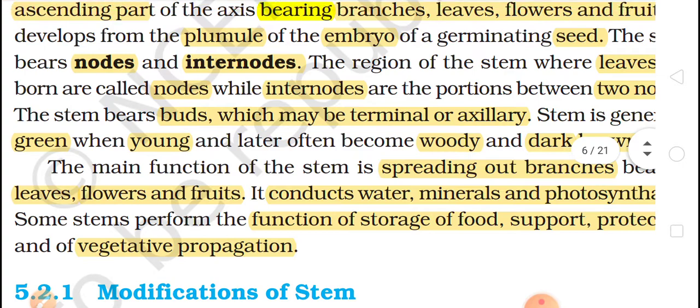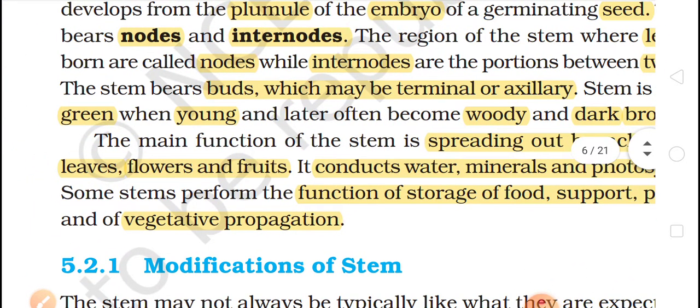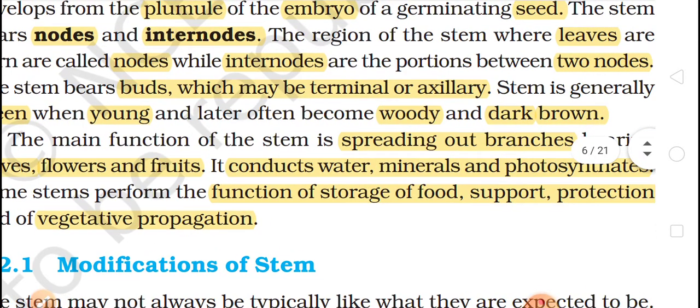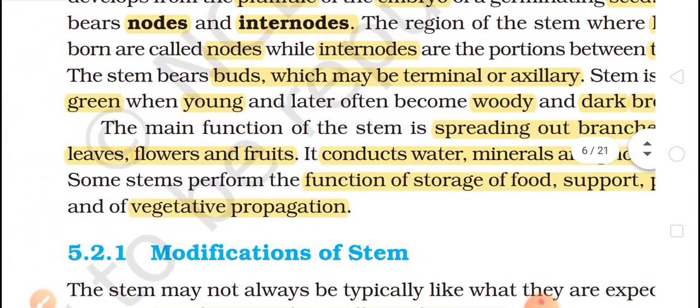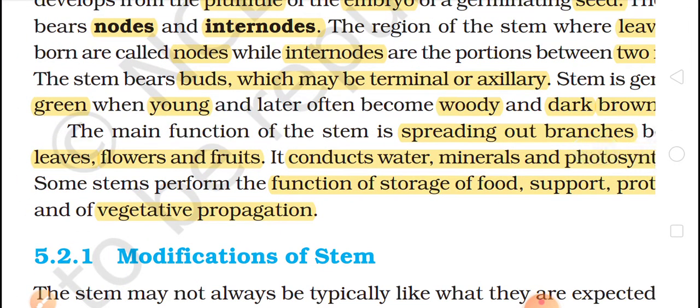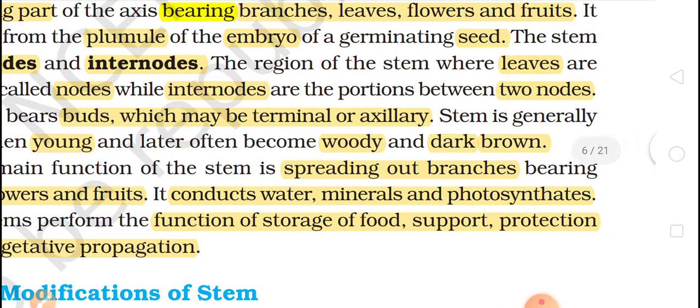The main function of the stem is spreading out branches, bearing leaves, flowers and fruits, and it also conducts water, minerals and photosynthesis. Some stems are modified to perform various tasks, like storage of food, support and protection.